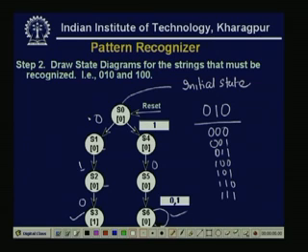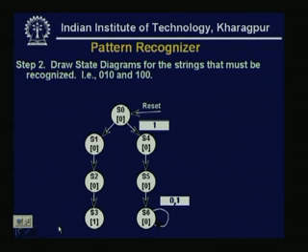Now, another condition was that if 1 0 0 is recognized, then this condition is no more valid. So, 1 0 0 has been seen. What will be the next step? Now, draw state diagrams for the strings that must be recognized, that is 0 1 0 and 1 0 0.